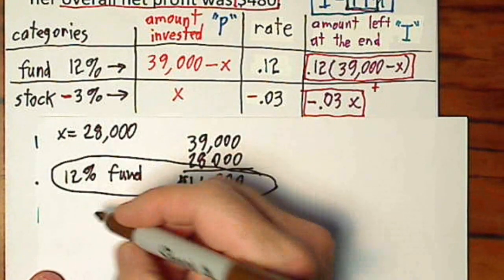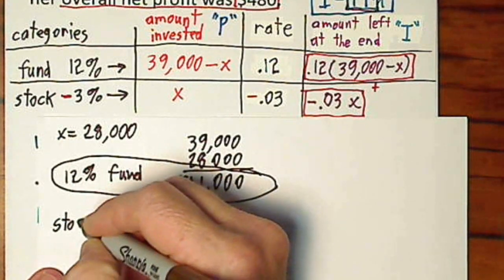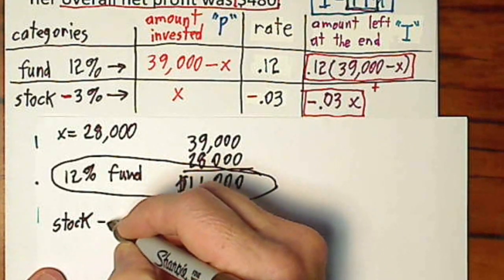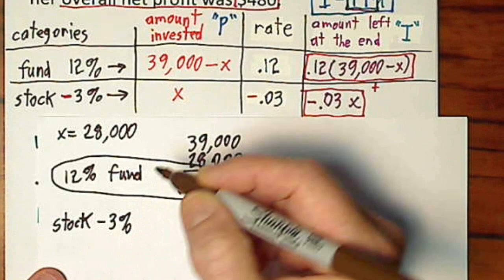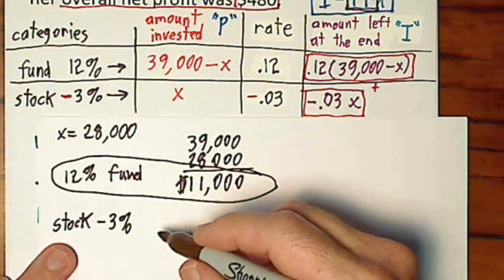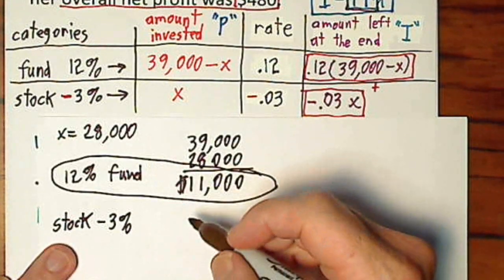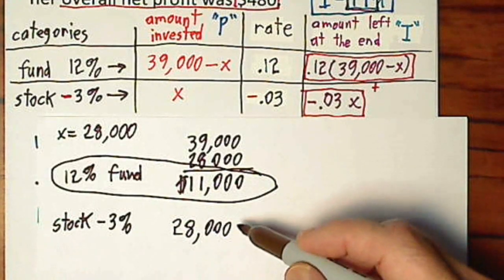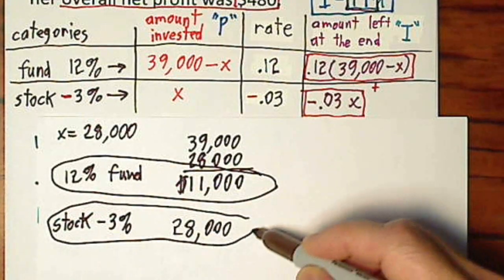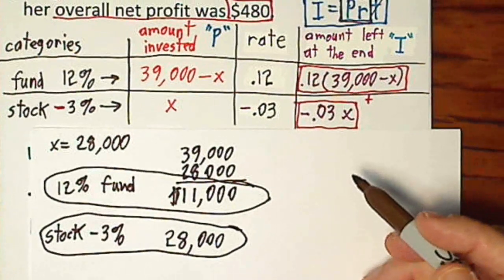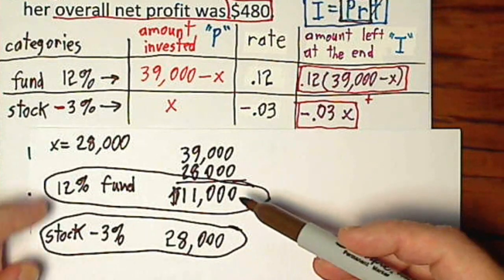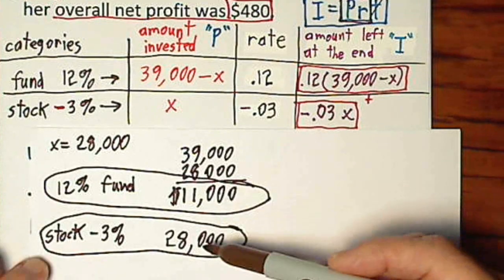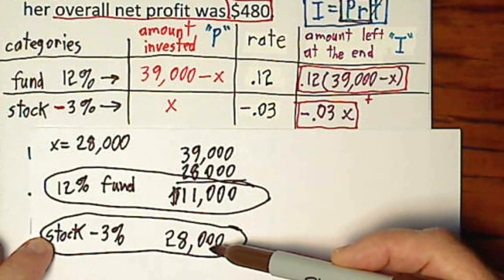And then on the stock fund, where she lost 3%, that's just our x, which we said is $28,000. Well, looks like even though she started with 39,000, she invested 11,000 and made some money, but she invested 28,000 and lost a lot.